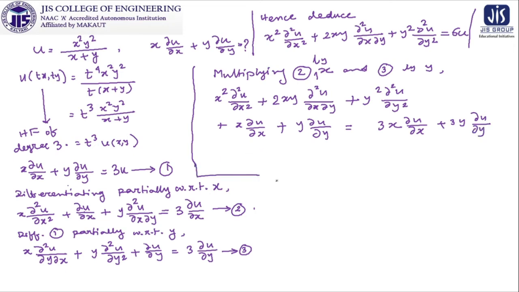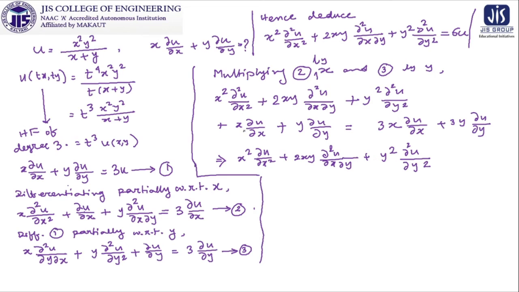So in the next line, after simplification, what we can write? x² ∂²u/∂x² plus 2xy ∂²u/∂x∂y plus y² ∂²u/∂y².